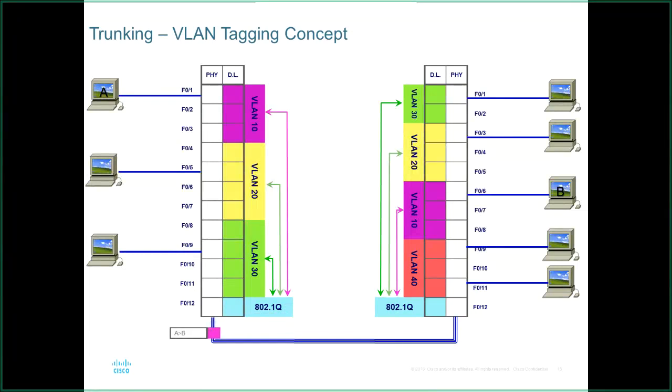It then gets placed on the trunk, travels across the trunk to the other switch, which the trunking engine picks it up, looks at the tag to find out what VLAN membership it belongs to, and then puts it on VLAN 10 and works out that destination B is on port 6 and sends it across. No other VLAN sees that traffic at all.